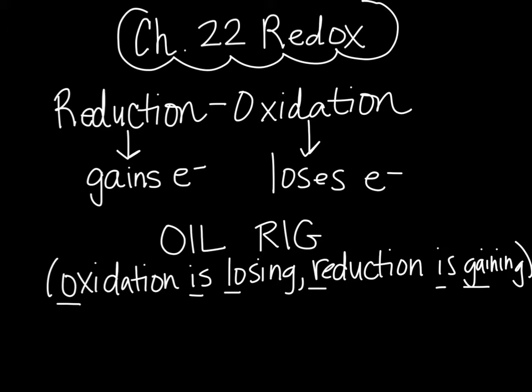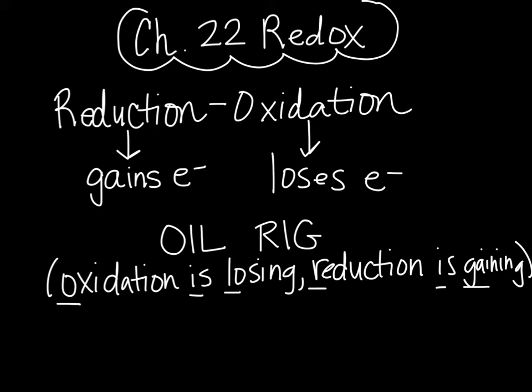So in a redox reaction, we are going to have a substance, or an element, I should say, gain electrons, and then another element will lose electrons. So one is gaining electrons, and the other one is losing electrons. And these two things are occurring simultaneously.